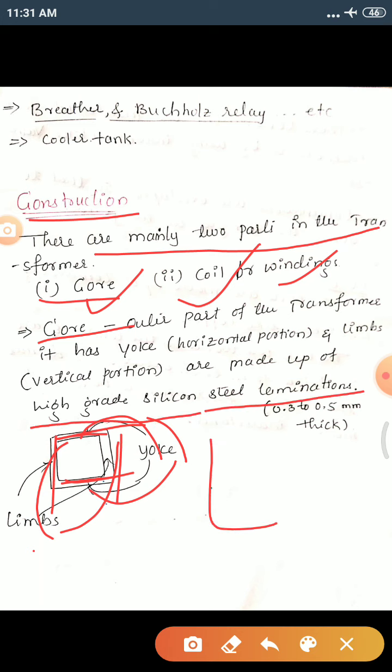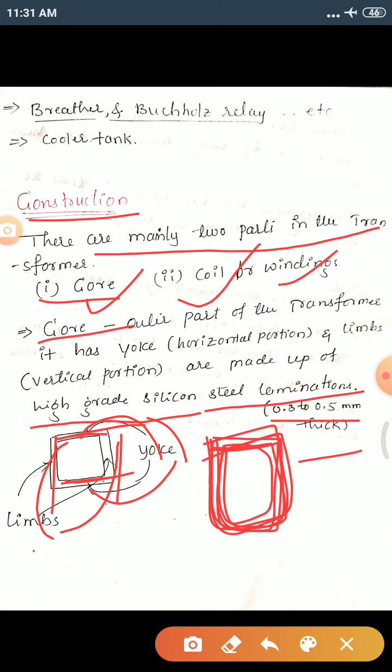Remember, it looks like this. It is made up of laminations, meaning many portions like this combined together. Each plate is 0.3 to 0.5 mm thick, so this much thickness of laminated core will be formed.